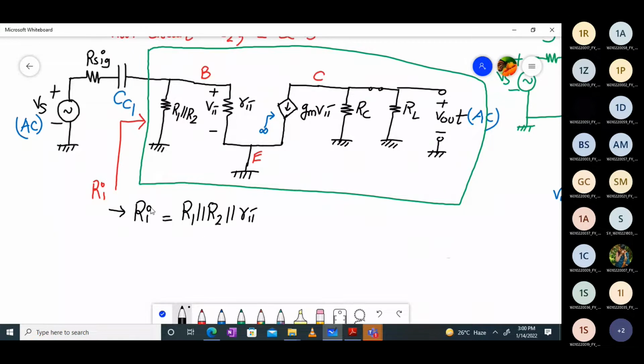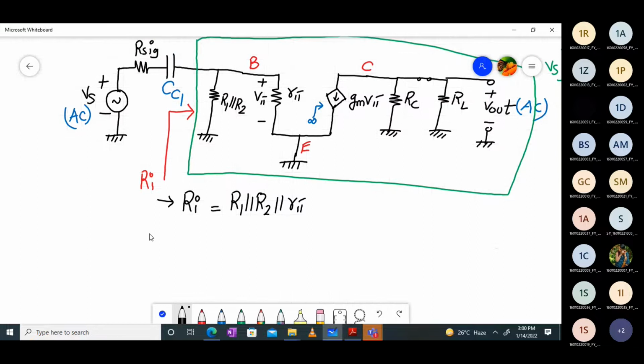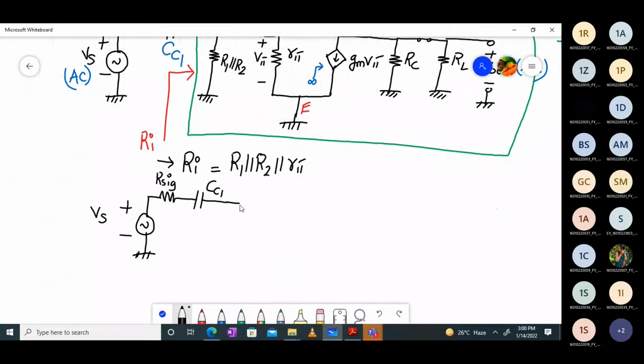So now I redraw the same circuit below like this. I have my voltage source, Vs, and I have an Rsig over here. You all also keep on writing, please. Then I have a capacitor CC1, and I'll go a little down, and then I have Ri in the circuit.